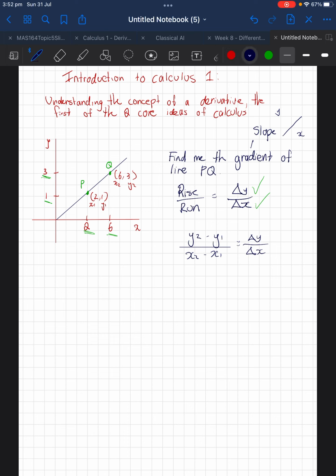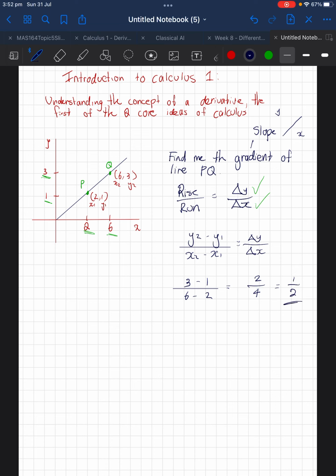So it would be y2, which is 3, minus y1, which is 1. So 3 minus 1 over x2, so 6, minus x1, so 2. And that answer is 2 over 4, which is equal to a half.